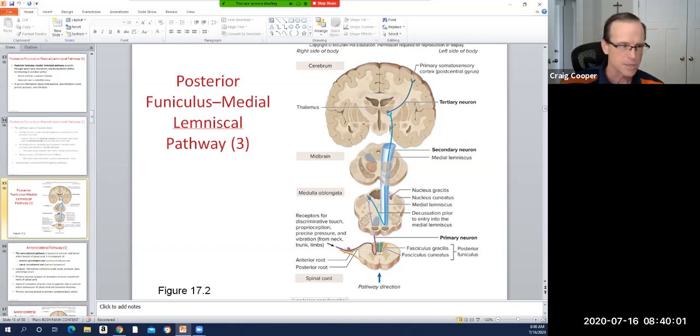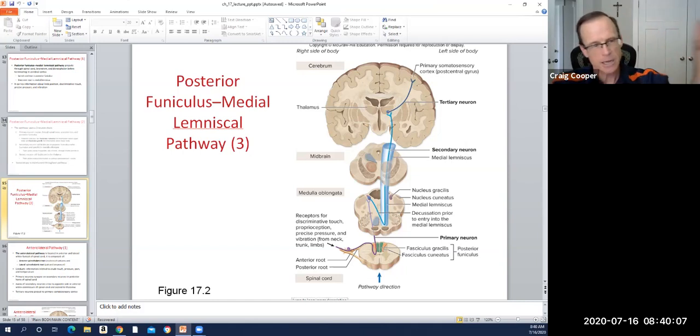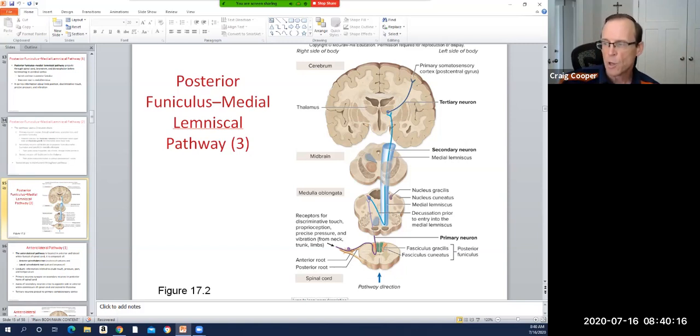Where is that bug that just landed on me? So if I do want to swat it, I know where to direct that force. If I do want to be nice and pick it up and gently carry it outside, I know how to do that too. So 3 neurons: the sensory one that's getting the information from the body, the one in the medulla that's going to ultimately cross over, and then the one in the thalamus that's going to send it to its final destination so that we can make sense of where we're getting that information.